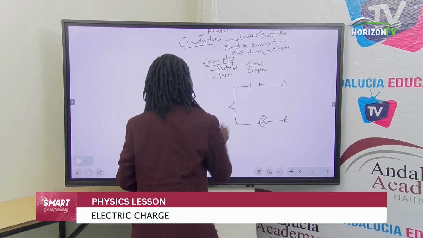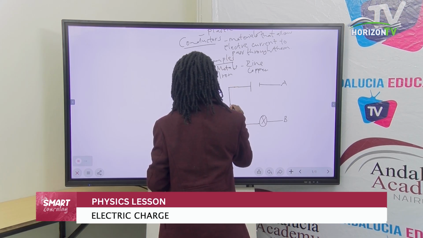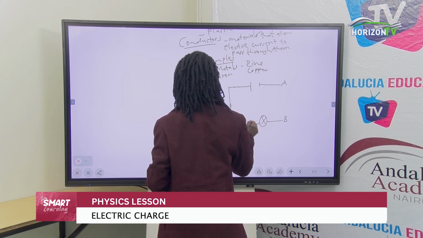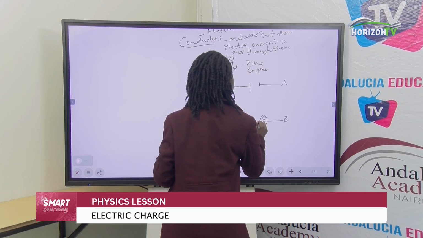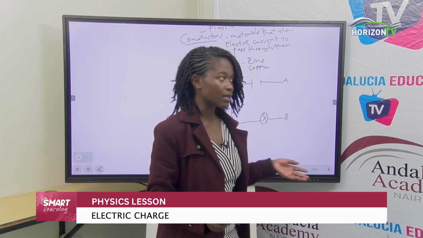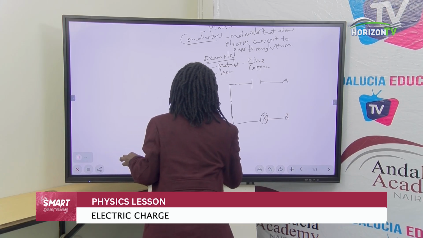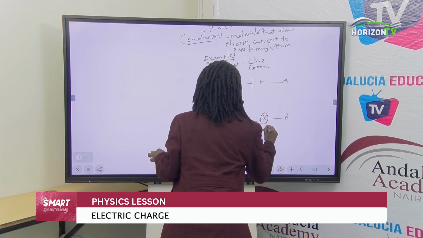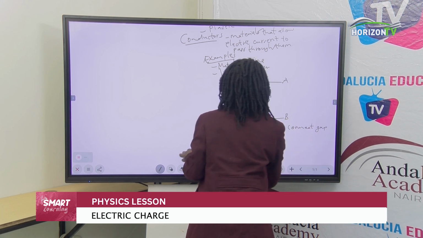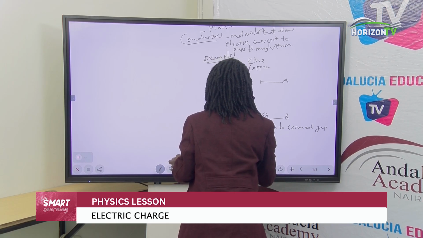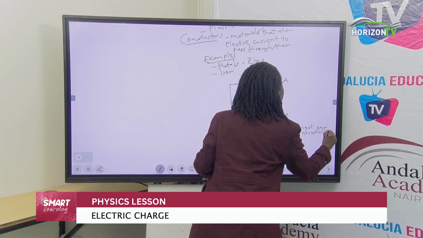So you can be given a simple circuit with a gap A, B, and they tell you that copper was used to connect gap A to B. Explain the observations made.